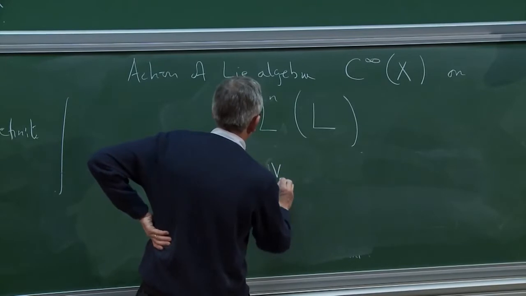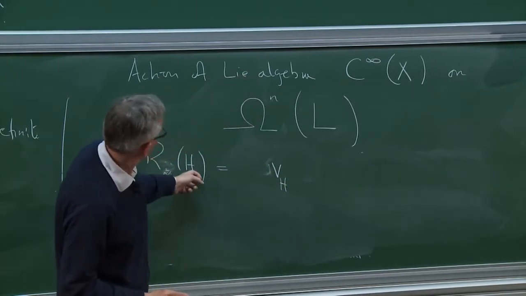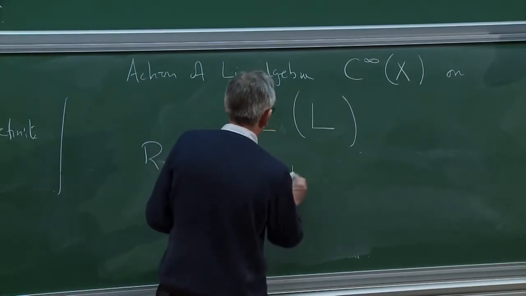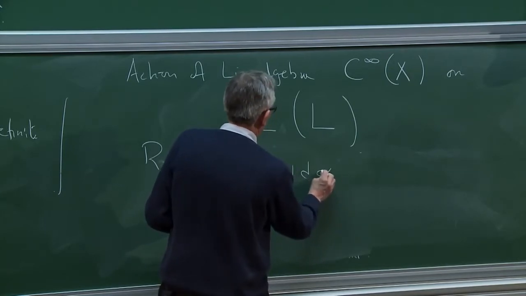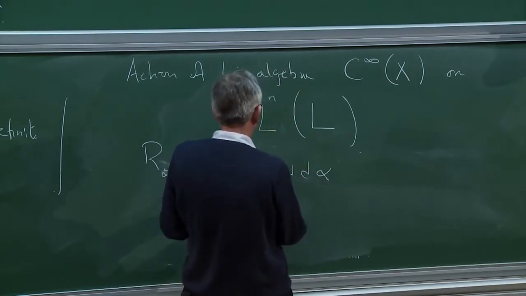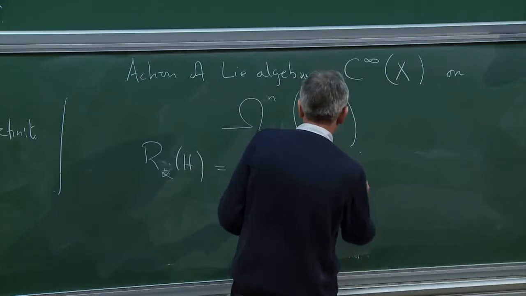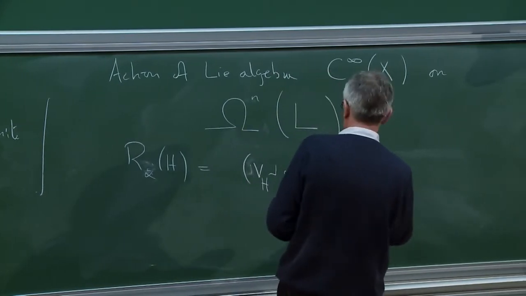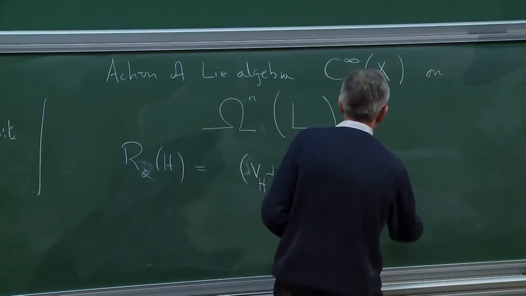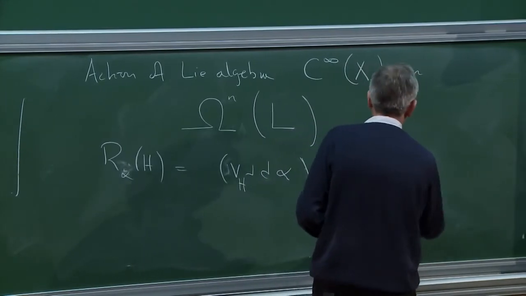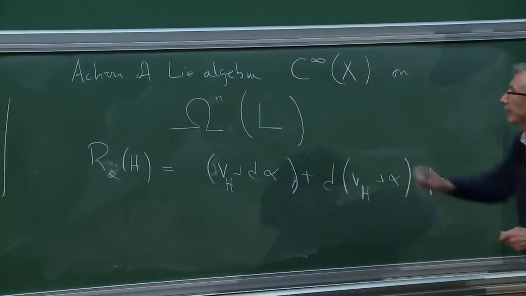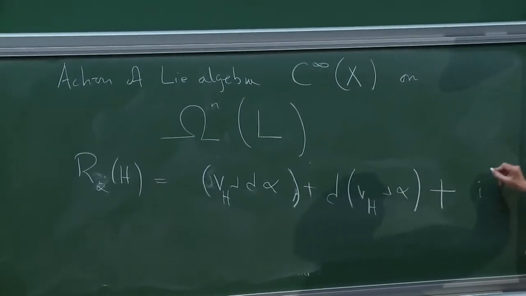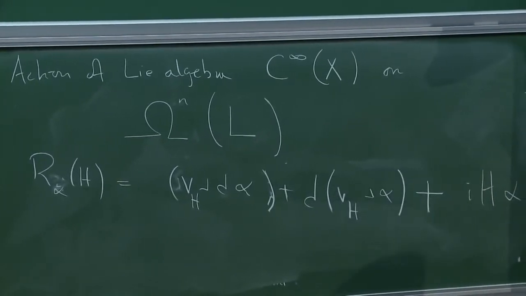So we take the Hamiltonian vector field corresponding to H, contract with d of any alpha, plus the other thing, d of V_H contracted with alpha. But the way the line bundle comes in is that we now put in plus iH times alpha.